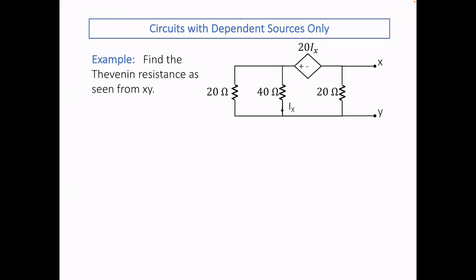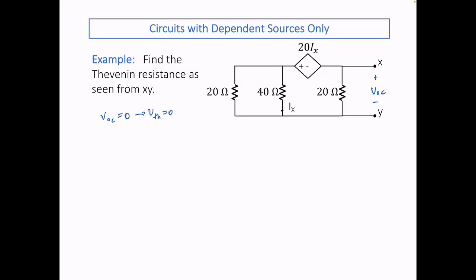If you try to solve for the value of VTH or V open circuit, you're going to get V open circuit is equal to 0. So if you're not convinced, apply all the techniques that you know to determine itong VOC, and you're going to see that VOC is equal to 0. Meaning to say, the Thevenin voltage is equal to 0.